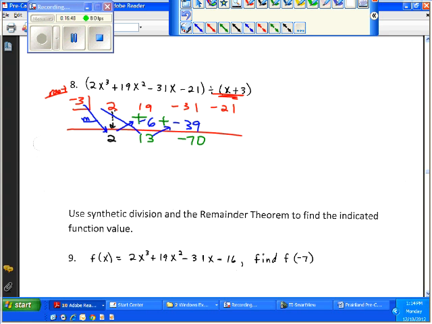You don't change the sign when you add, right? Now we're going to multiply. Negative 3 times 70 is 210. And then we add. You get 189.